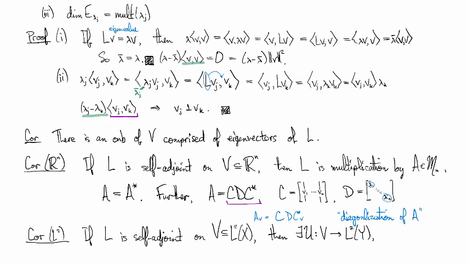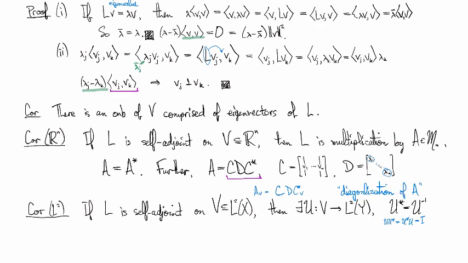And U being unitary means that U star is equal to U inverse. It's often written as U star U equals the identity operator. And when you see unitary, you should think, at least in the real sense, this would just be a rigid rotation.